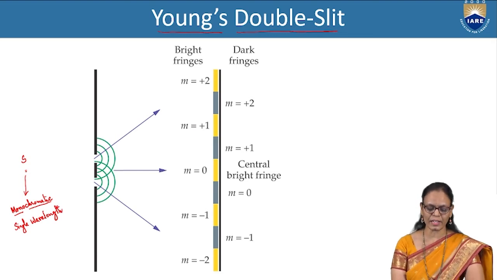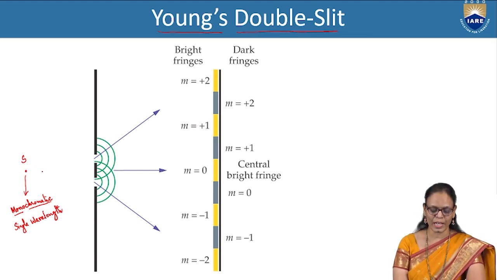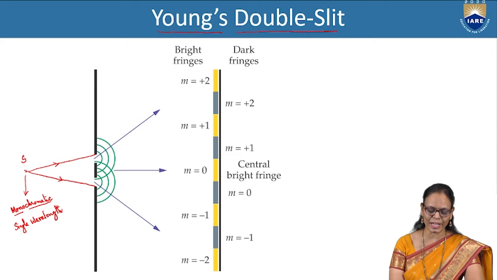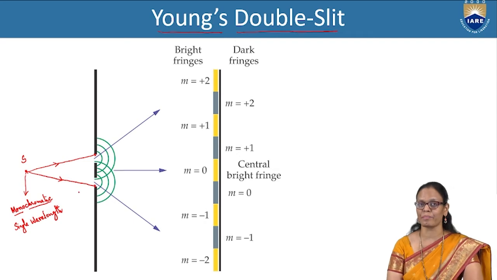The light that is coming from the source is emitted in all directions. So we consider the light that is falling on these slits. Now, these two slits are placed equidistant from S, meaning the distance it travels from S to this slit and from S to the other slit is the same.